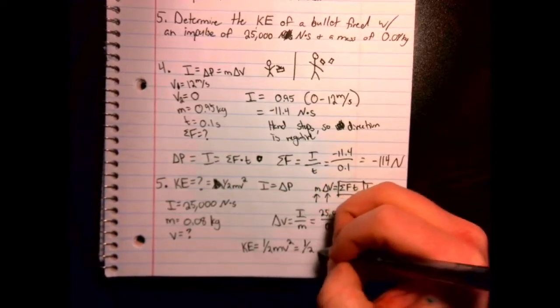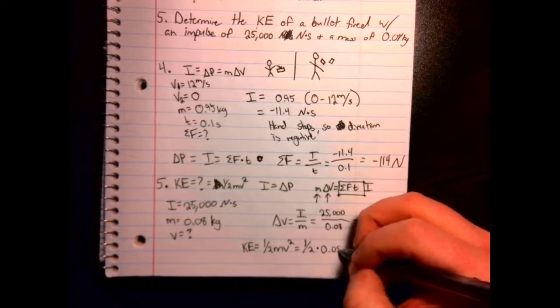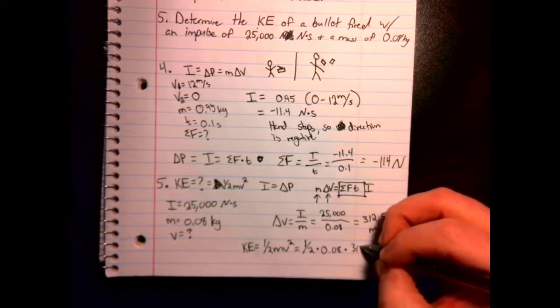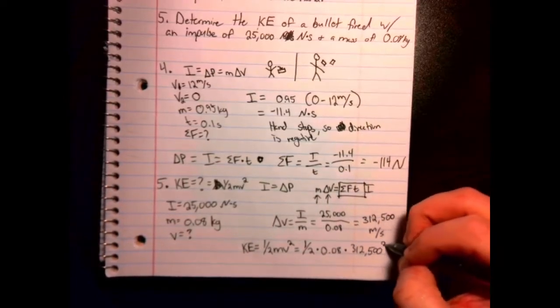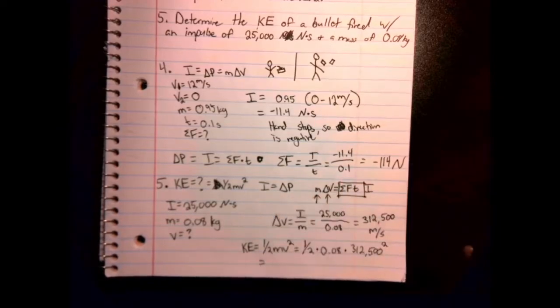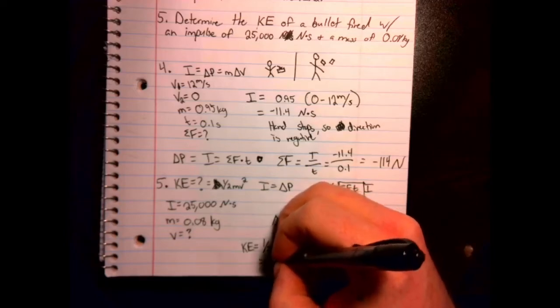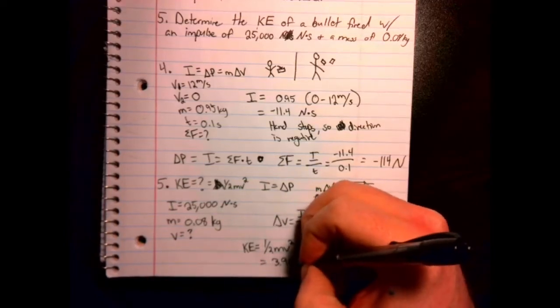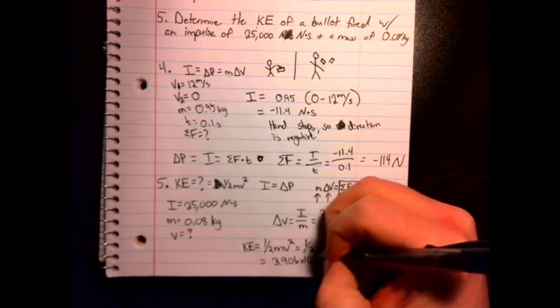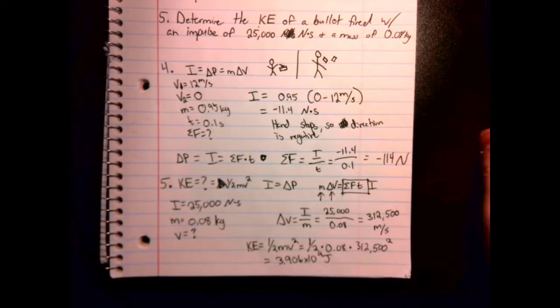We get 1/2 times 0.08 times 312,500 squared. And then plugging that in, you get the very large number, which again is not realistic, but 3.906 times 10 to the 9th joules of energy.